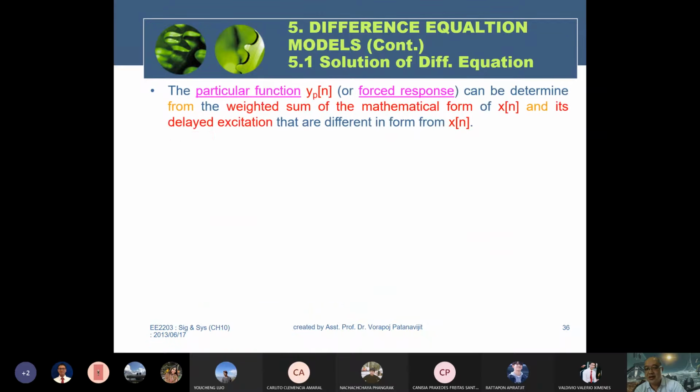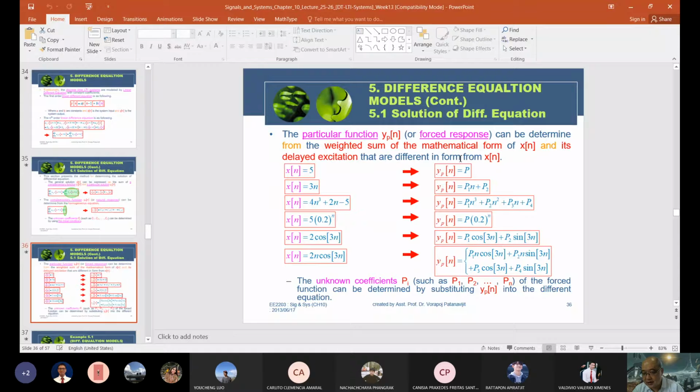The next one, the particular function yp or the forced response, can be determined from the weighted sum of the mathematical form of x[n] and its delayed excitations, which differ depending on the form of x[n].